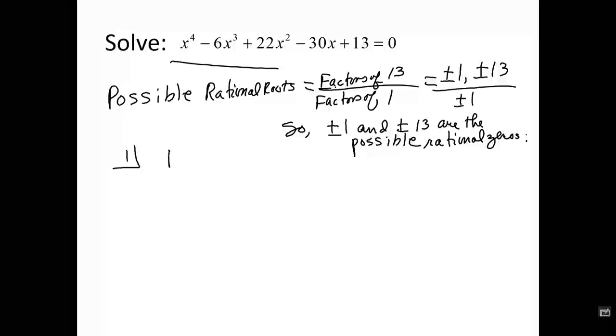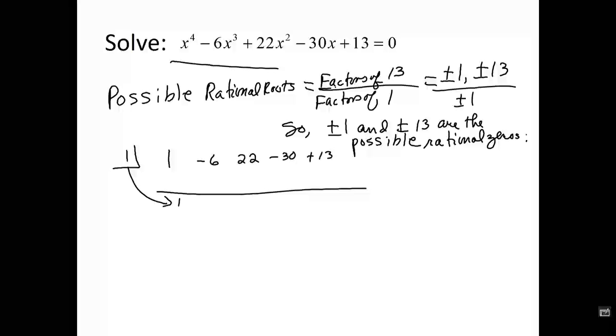So I have 1, negative 6, positive 22, minus 30, plus 13. The leading coefficient 1 is on the bottom row.